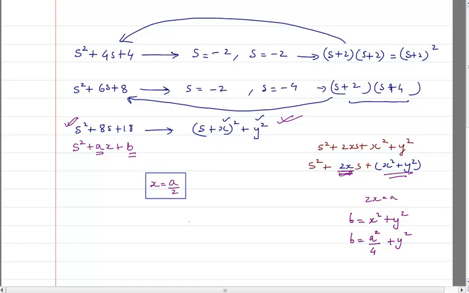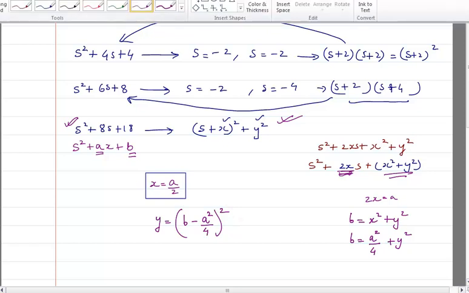Therefore, for finding y, the equation would be b minus a square by 4, the whole root. Sorry, not whole square, whole root.